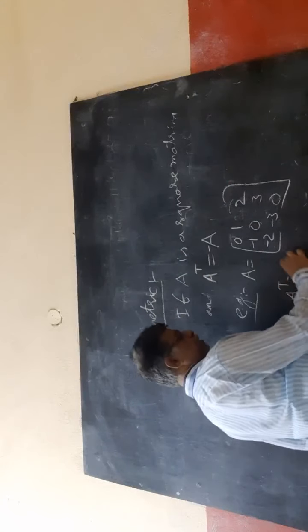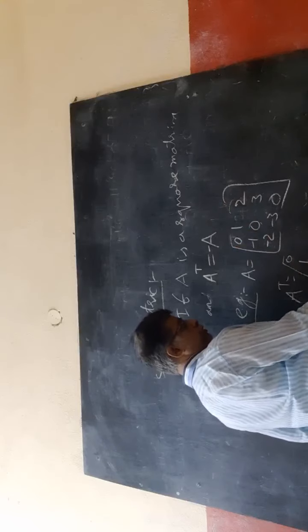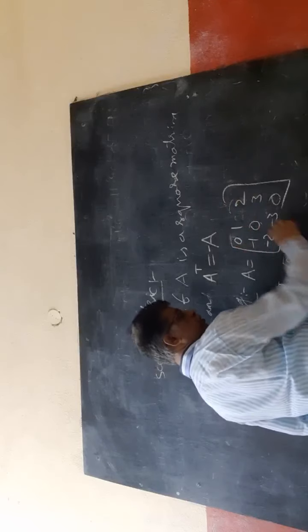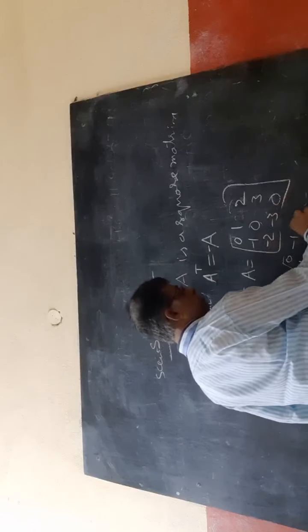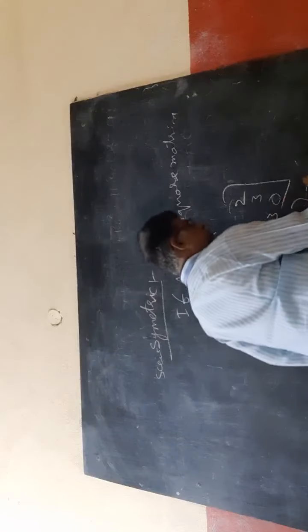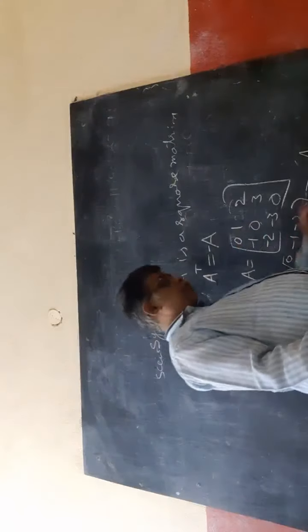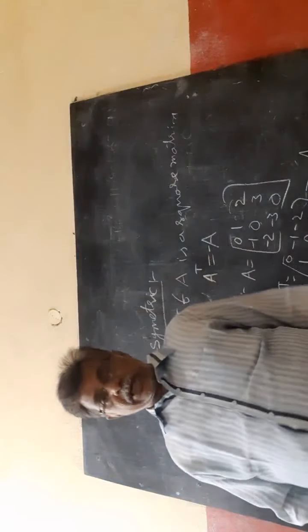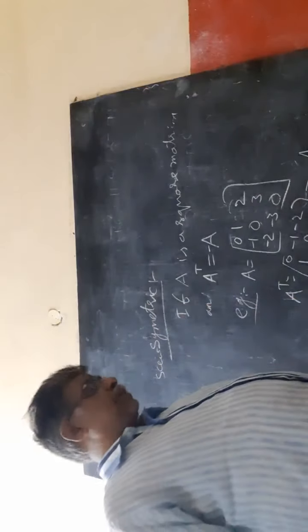A transpose equal to, changing rows to columns, columns to rows, 0, 1, 2 is the first row, minus 1, 0, 3 the second row, and minus 2, minus 3, 0 the third row. Now if you take minus common, we get A. So A transpose equal to minus A. Therefore A is called as skew symmetric matrix.